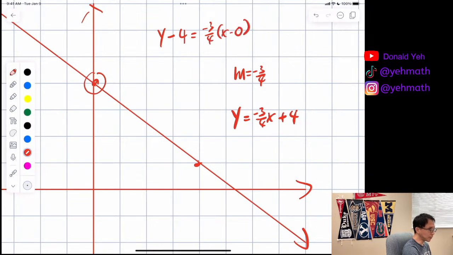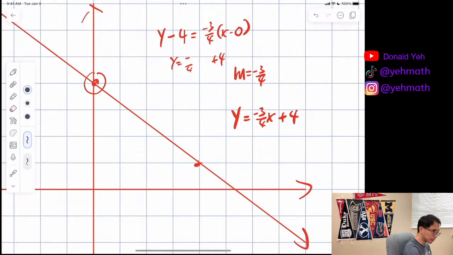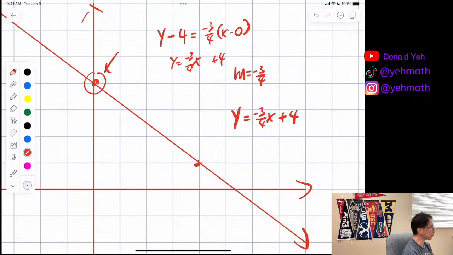If you move the 4 to the other side, you get the same thing. Does that make sense? So if you use point slope form, you're going to get the exact same thing.